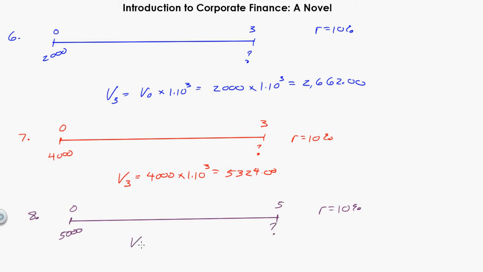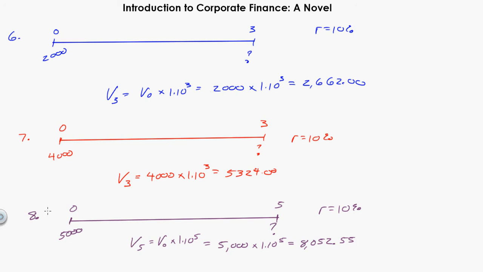So the value at year 5 is equal to the value today at year 0 times 1.10 to the fifth. The value today is $5,000 times 1.10 to the fifth, which is equal to $8,052.55.